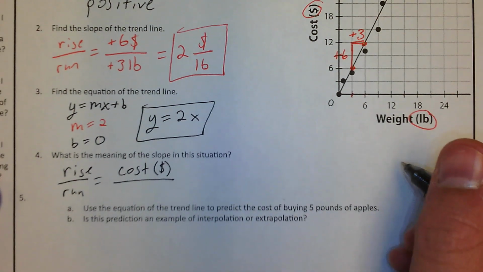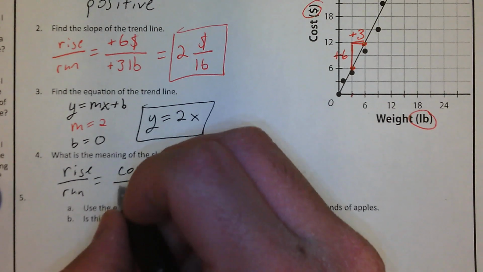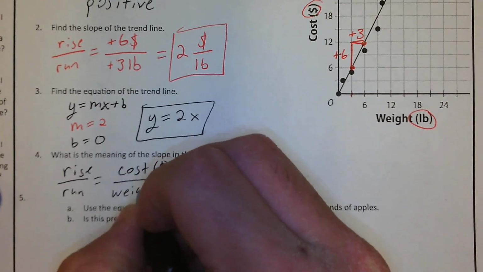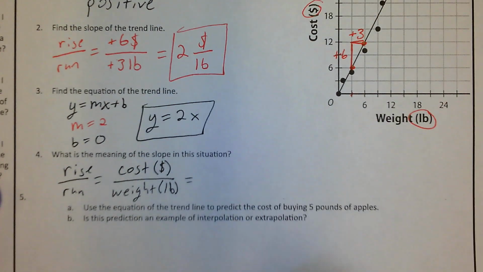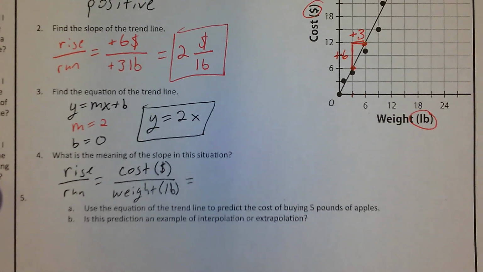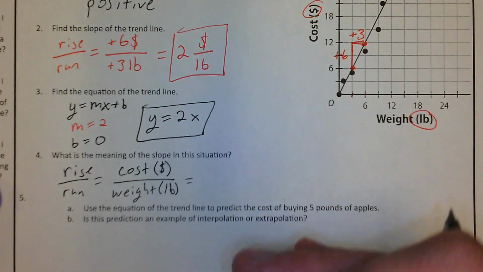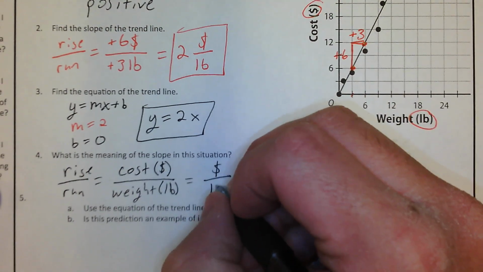And my change in x on my run is going to be the weight of the apples in pounds. So what that means is that what my slope represents is the dollars per pound. It represents the cost over the weight. So the slope is actually going to be dollars per pound.